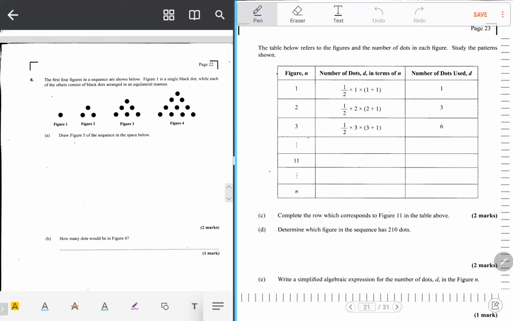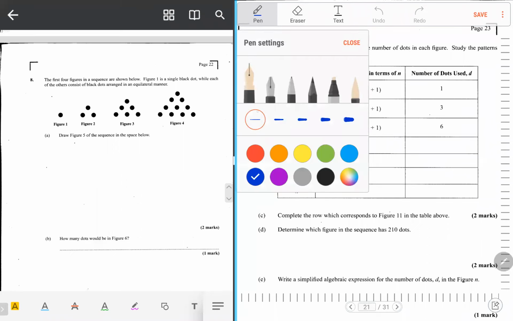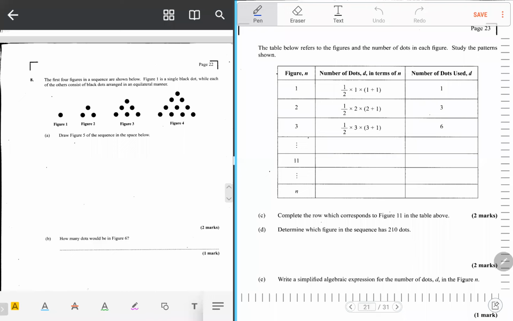The question says the table below refers to the figure and the number of dots in each figure. Study the pattern shown. So it's half, and this figure matches the figure number every time. And then this first figure also matches the figure number, and they're always adding 1.